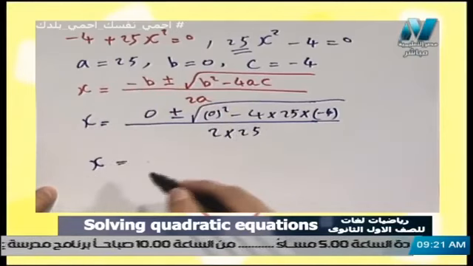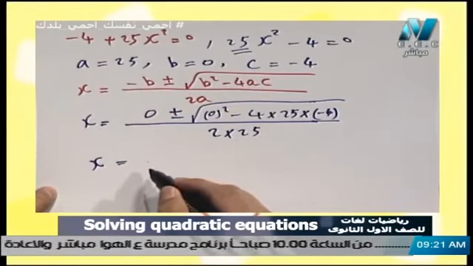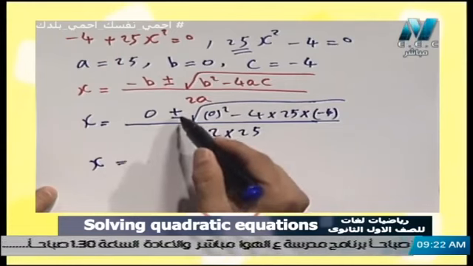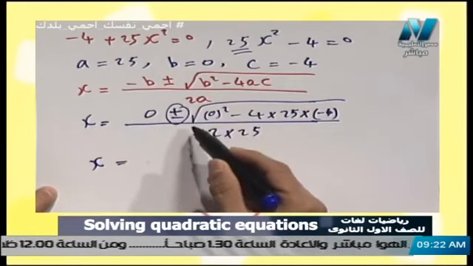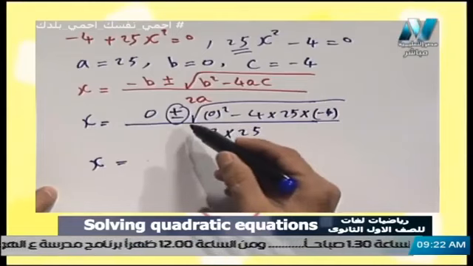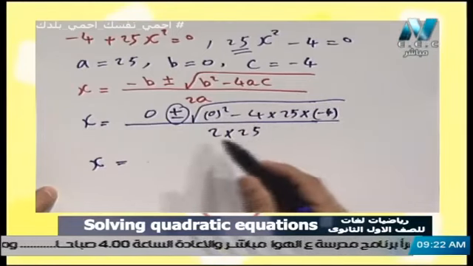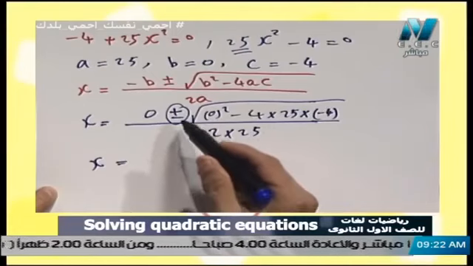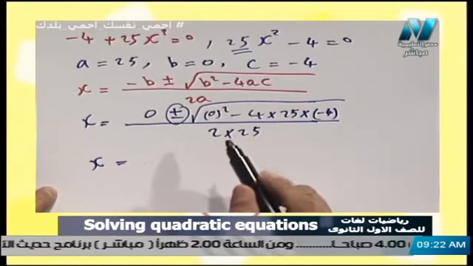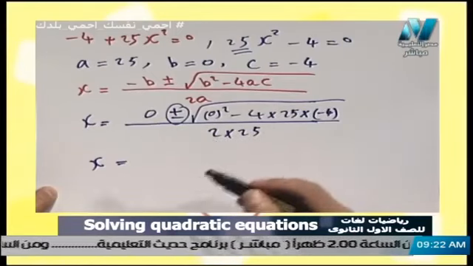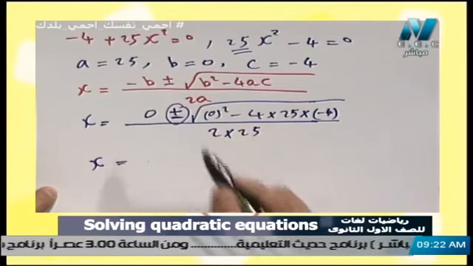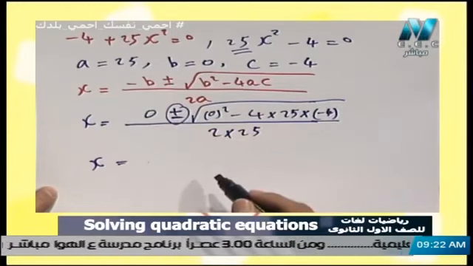By using your calculator, first you consider the square root of 0 power 2 minus 4 times 25 times negative 4 over 2 times 25 as positive. Don't write anything. Or the other method, put negative. So we have two solutions.